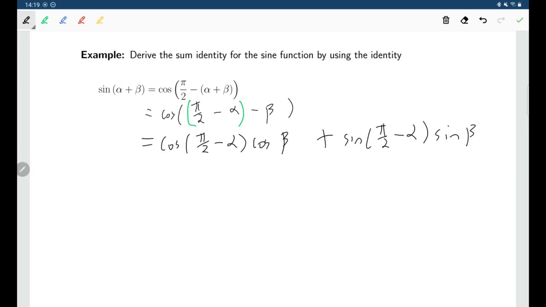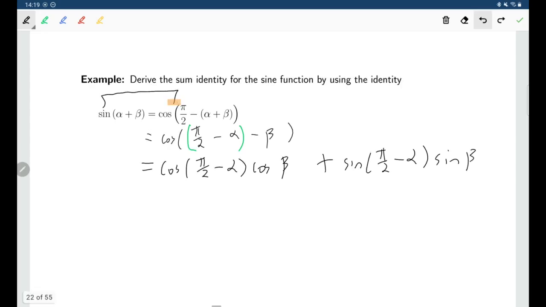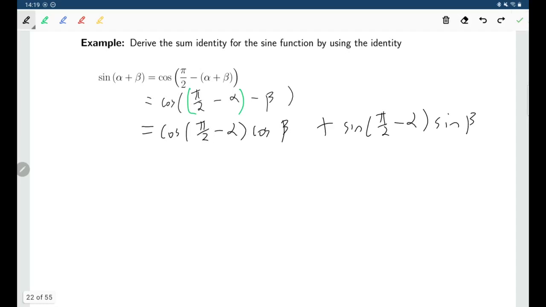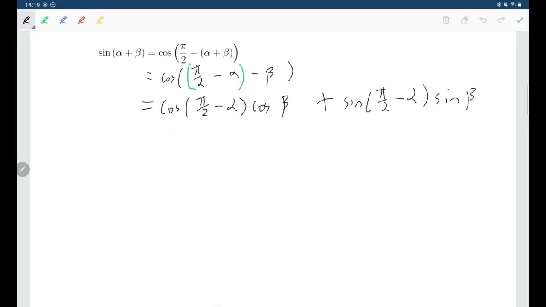And much in the same way that we used the sine function and expressed it in terms of cosine via the complementary angle theorem, we're going to do the same sort of thing here. We've got cosine of 90 minus an angle, and by the complementary angle theorem, we know that that should be sine of our angle.